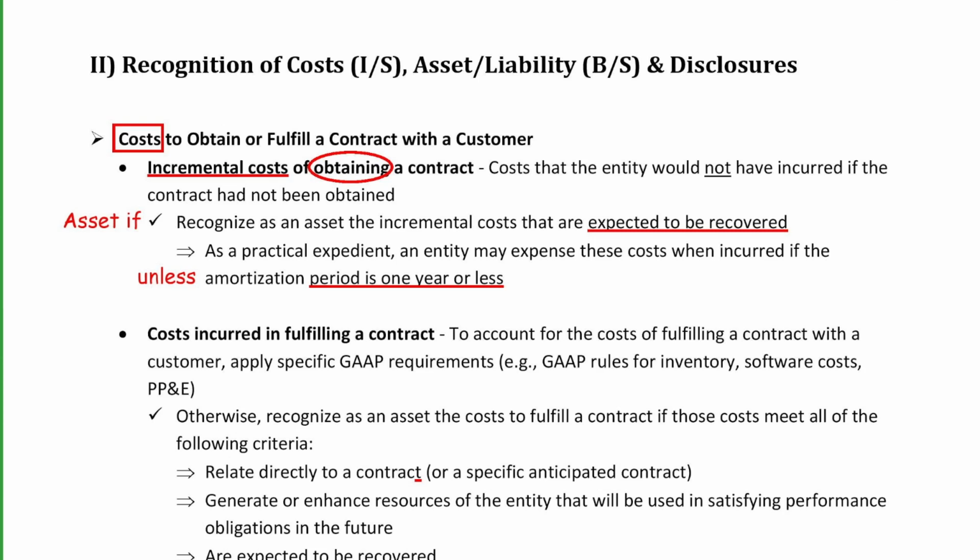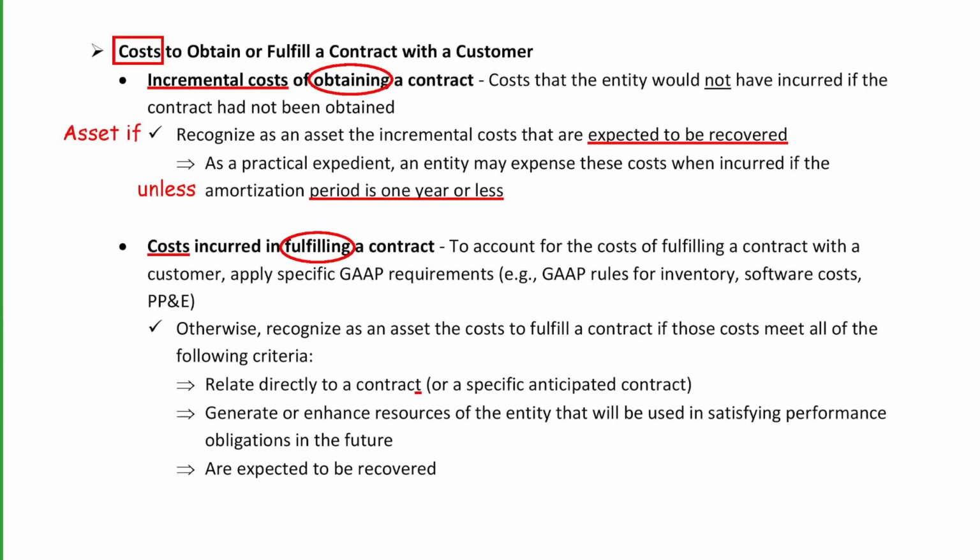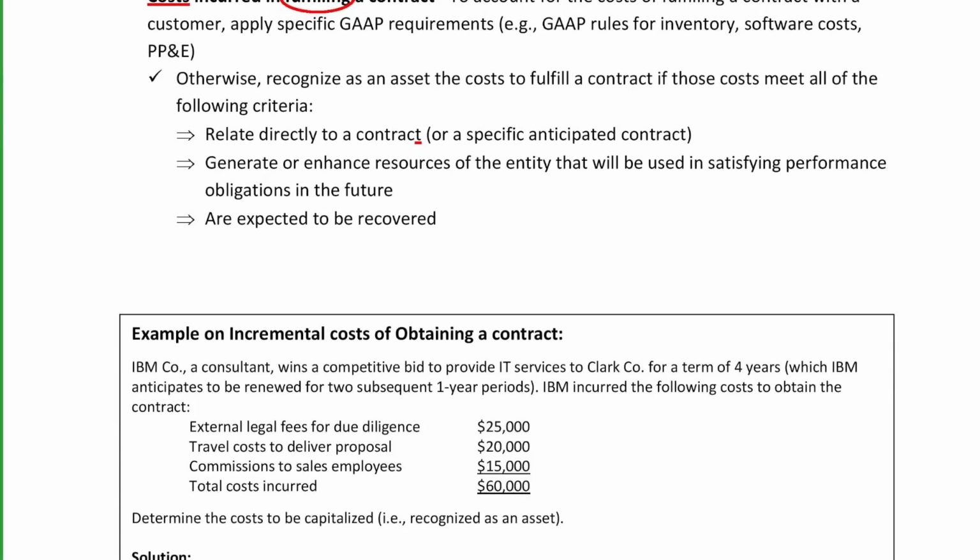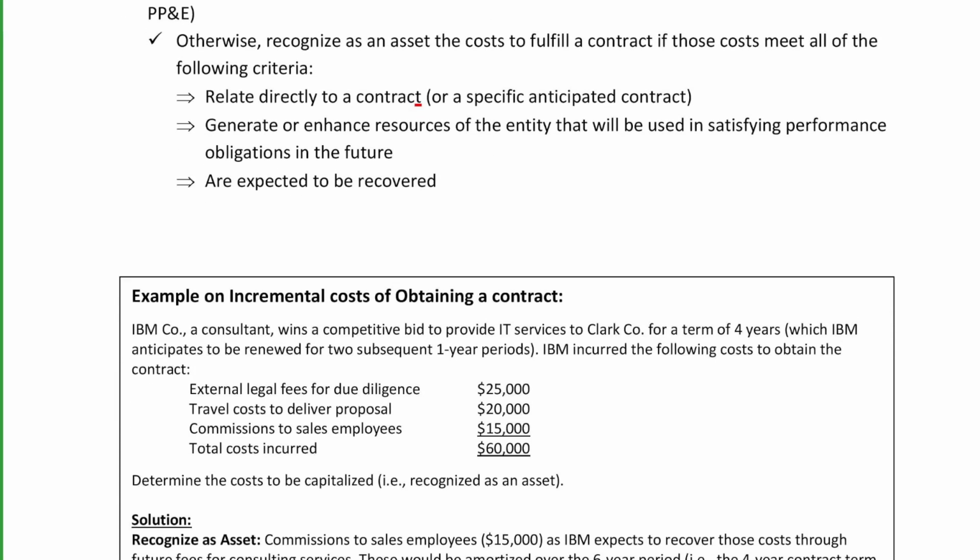Now that we've looked at incremental costs of obtaining a contract, let's look at costs incurred in fulfilling the contract. And these costs are treated as an asset only if all three criteria are met.